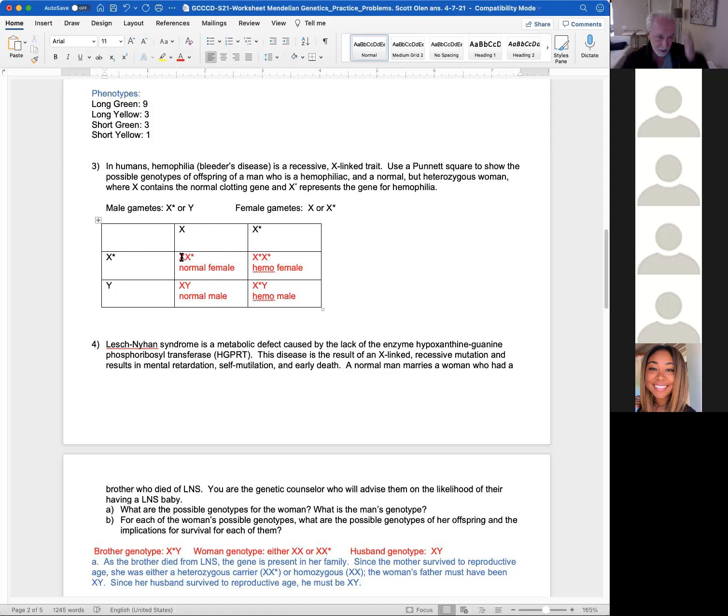She's got the mutation, but she doesn't have the disease because she has an X without the mutation. X star X star is again a female, has the disease because she has the mutation on each of her X's. XY would be a normal male. X star Y is a male with the disease. Why is that? Because he only has one X, and that X is mutant.